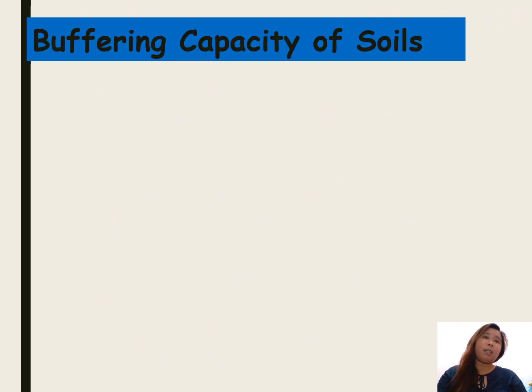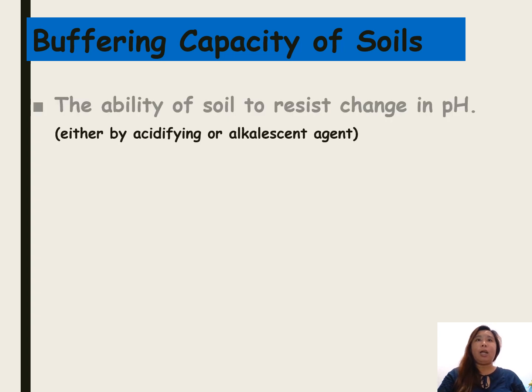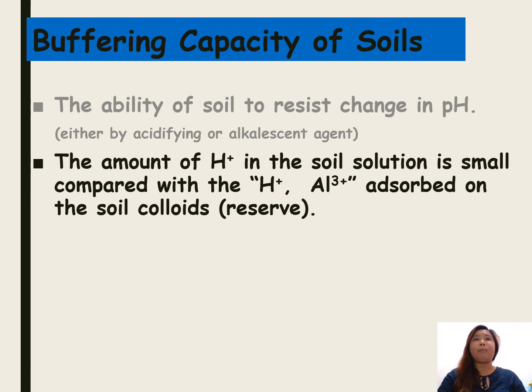And because of that, we have what we call the buffering capacity of the soils. This is the ability of the soil to resist change in pH, either by acidifying or alkalizing agents.